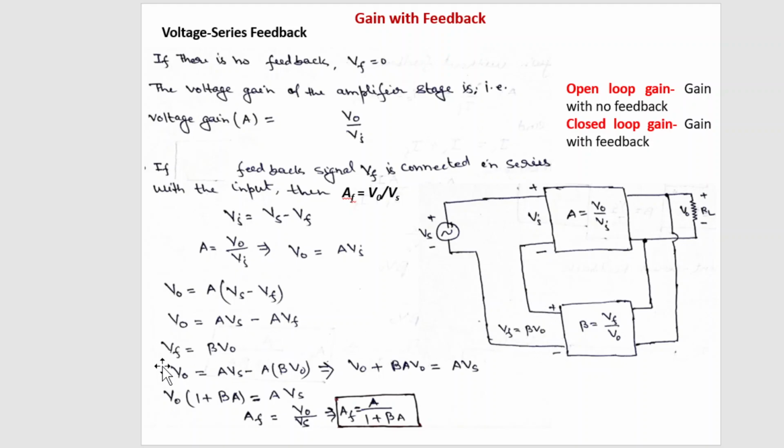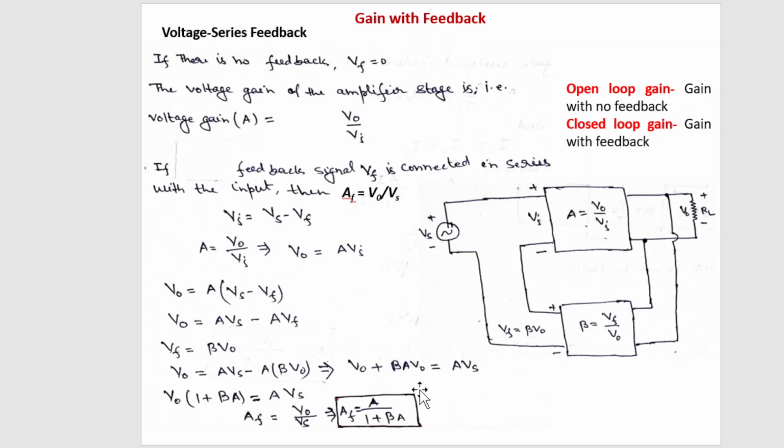So VO is equal to A Vs minus A beta VO. Here we have VO on both sides, so we can write A beta into V naught, and take this V naught to one side.